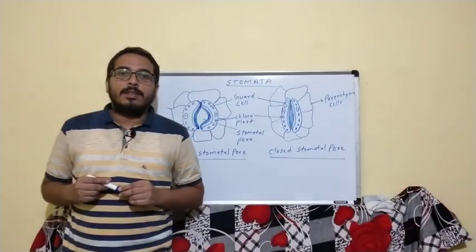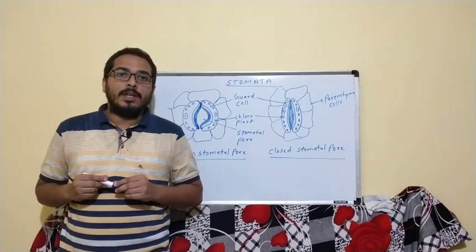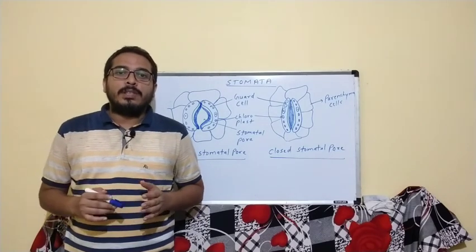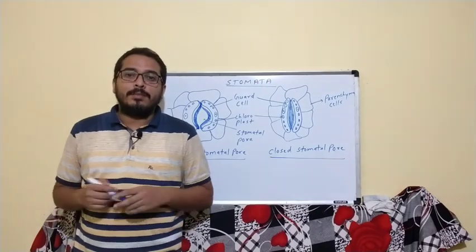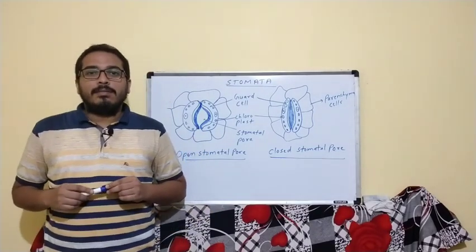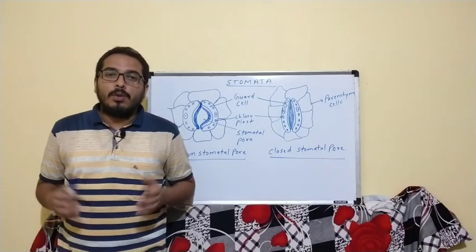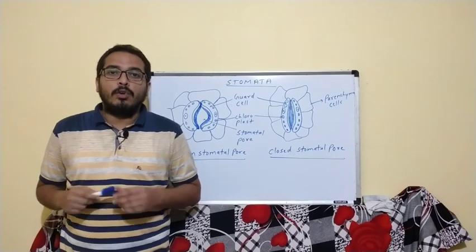So students, now we will discuss the main point of this autotrophic nutrition, that is stomata. We learned about stomata in class 9. The question will arise in our mind, what is the main role of stomata in autotrophic nutrition?